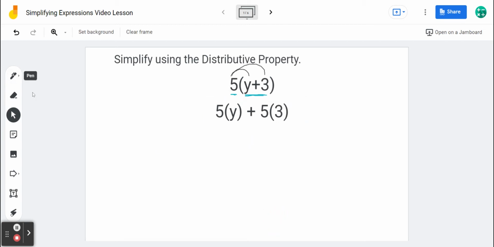The thing I did want to elaborate on, because I kind of just told you without explaining this yesterday, is why this 5 times y becomes 5y. So I'm going to take a minute here to describe this. Since the y is by itself, it's a y.